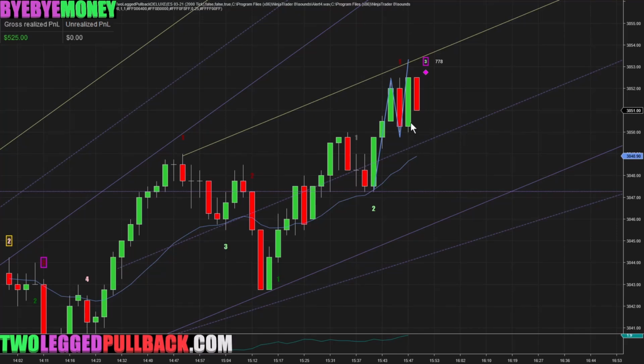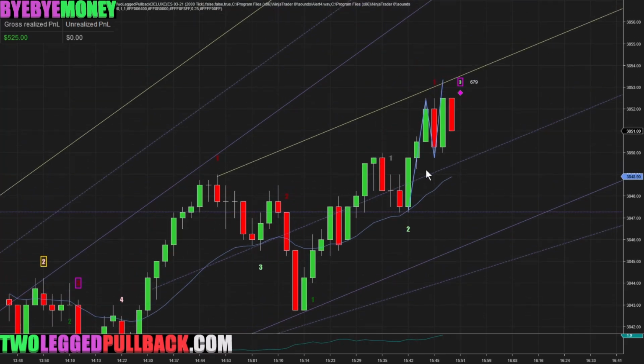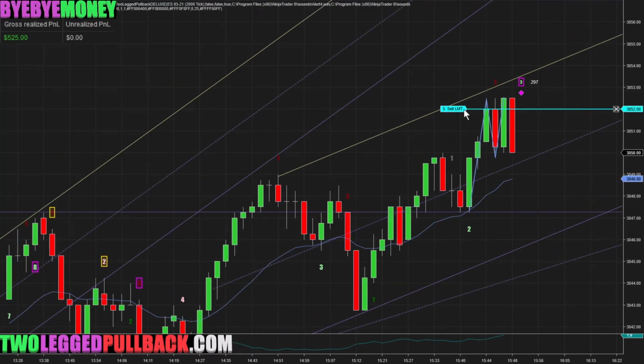If we come back down here, I might be interested actually in the short. You can count this optically as a two-legged pullback.